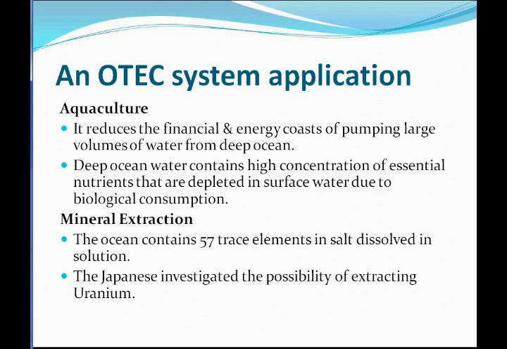the financial and the energy cost of pumping a large volume of water from the deep ocean is reduced, and the water containing a high concentration of essential nutrients is not getting depleted because of the plants.